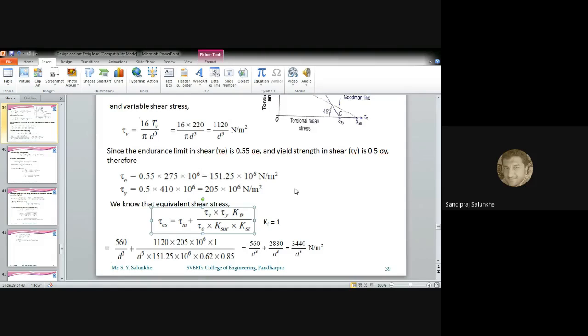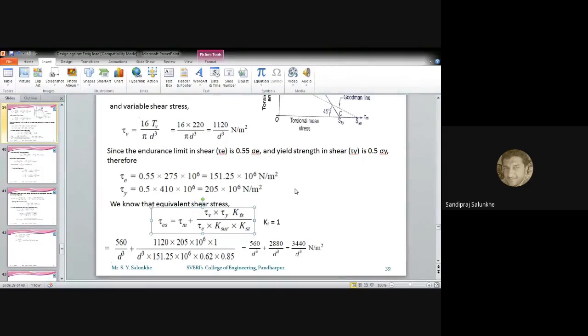That is, tau m divided by tau y plus tau v divided by tau e is equal to 1 over n, where n is the factor of safety.